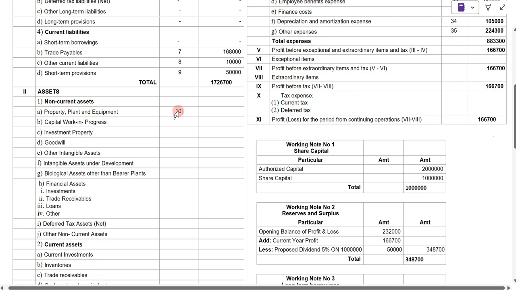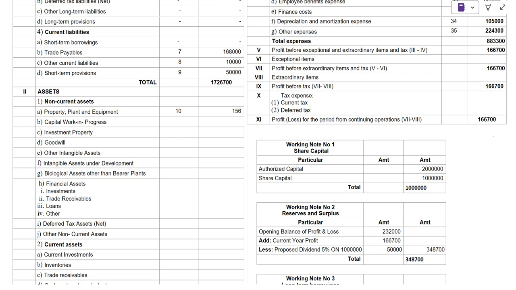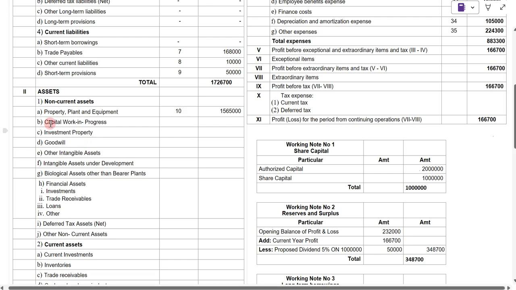Then capital work in progress, there is no entry. Investment property, no. Goodwill, no entries. Other intangible, no. Intangible assets under development, no. Biological assets other than bearer plants, no.